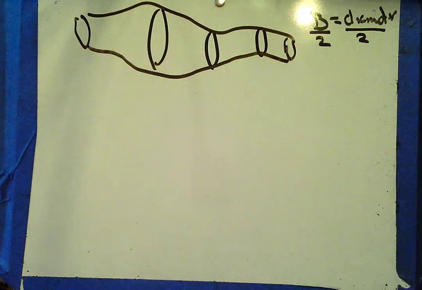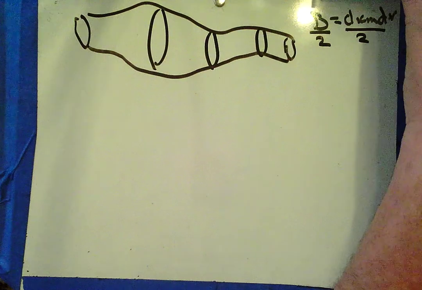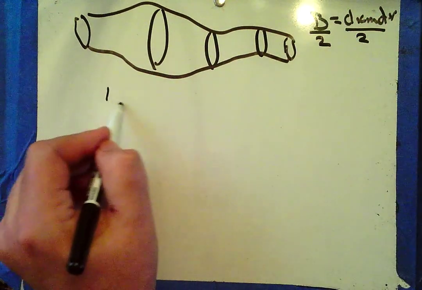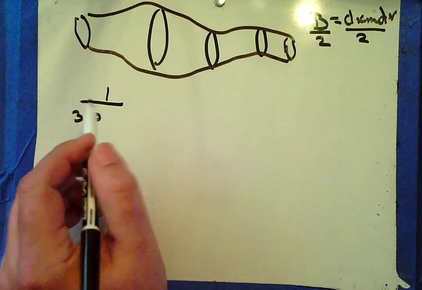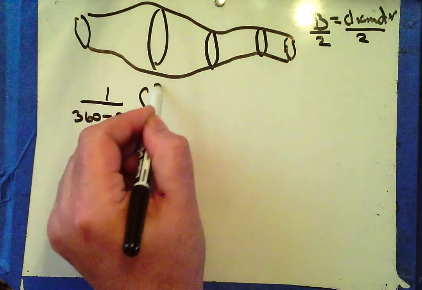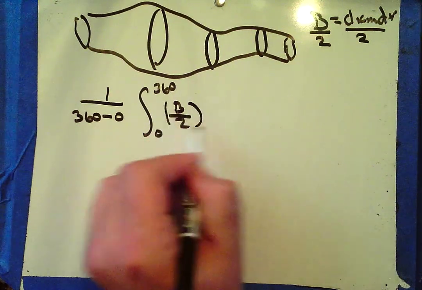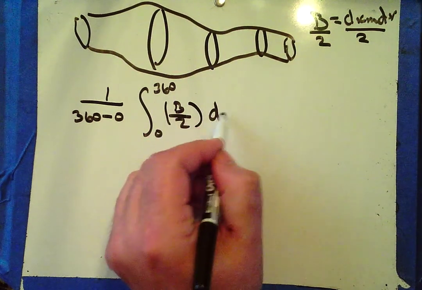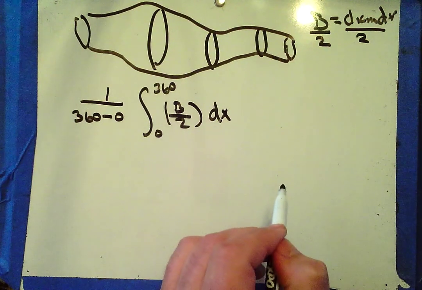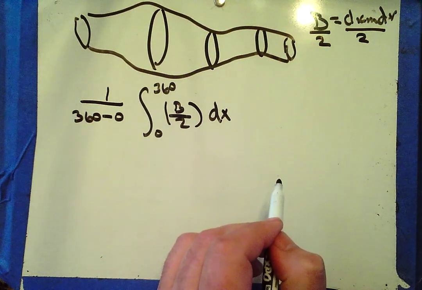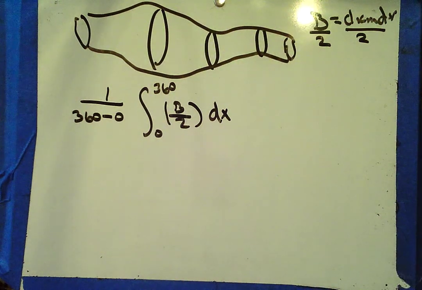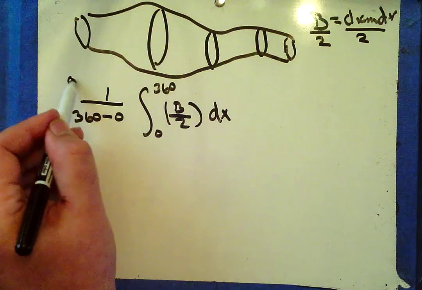What would I like to do with that? Well, I want the average value of that b function, 1 over 360 times the integral from 0 to 360 of b over 2 dx. They say I should use the table of data, but wait, that's the next problem. I've written the expression, so I think I'm done with part A. Part B.